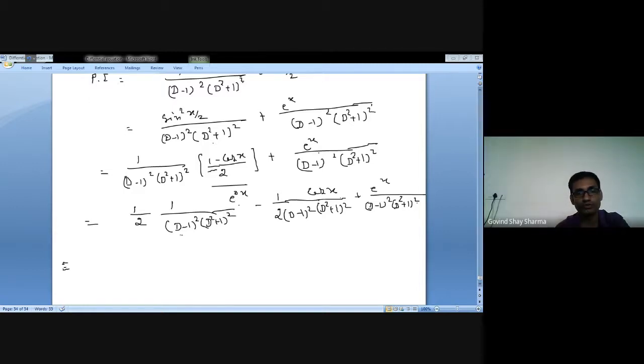We put alpha is equal to 0 in this form, and 1 upon 2, 0 minus 1 square, 0 plus 1, and here we write D square plus 1, 2D square plus 1.